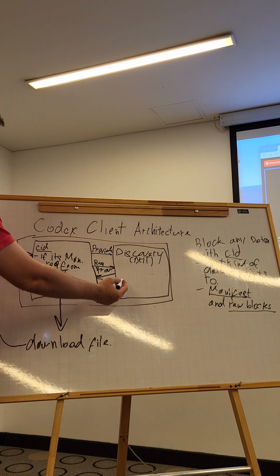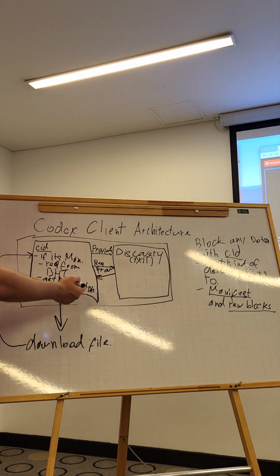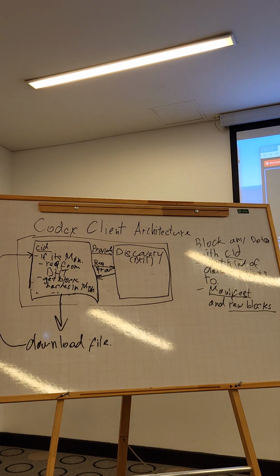You can request the providers for each one of the CIDs for each one of the blocks in the manifest, but you could also, assuming that you're already connected to someone that announces the manifest, and that someone has at least part of the blocks in that manifest, just schedule the download of those CIDs from that node that you've already connected to in order to get the manifest, right?